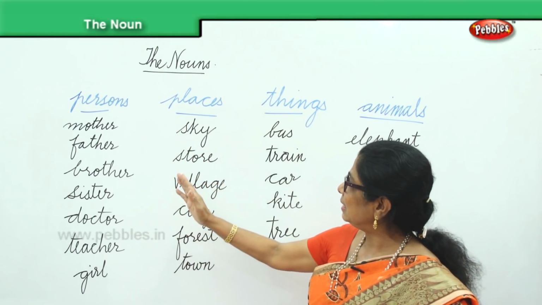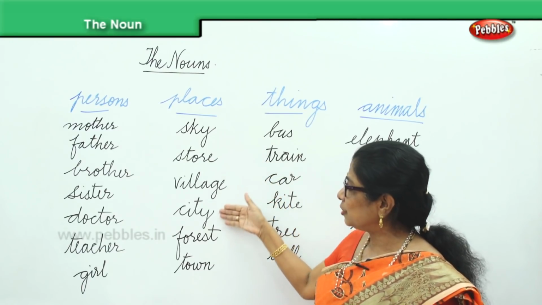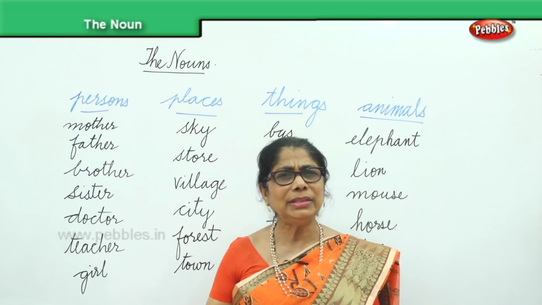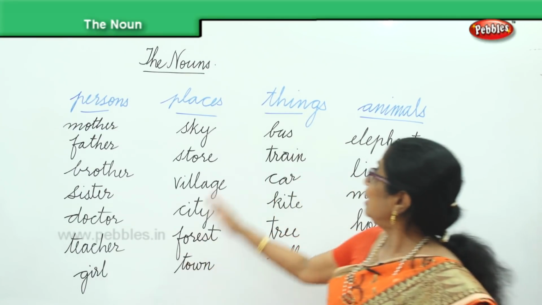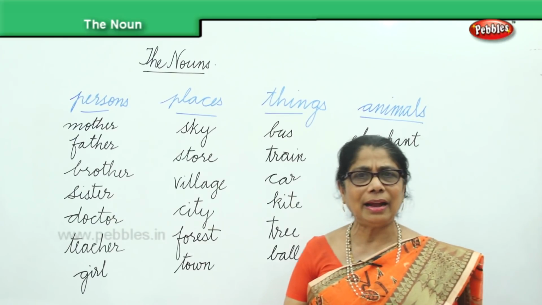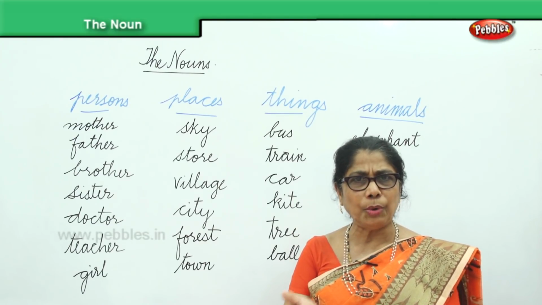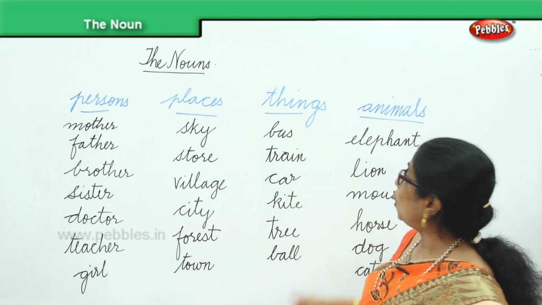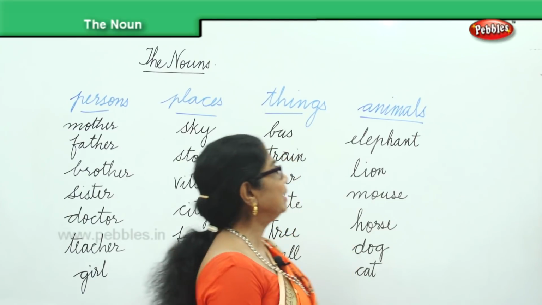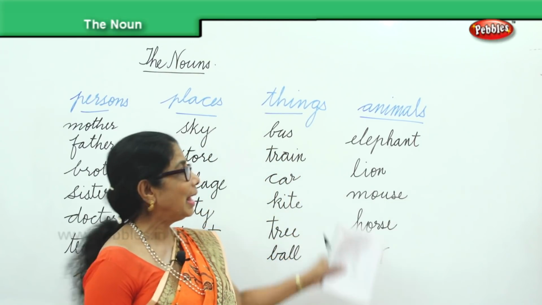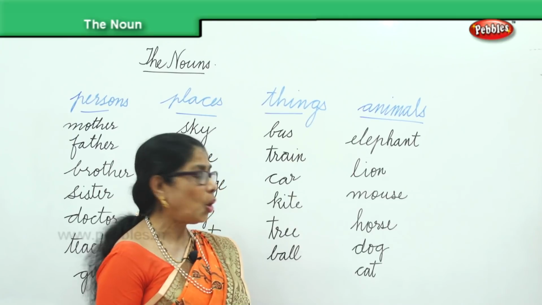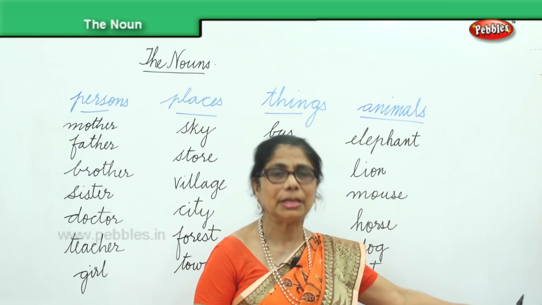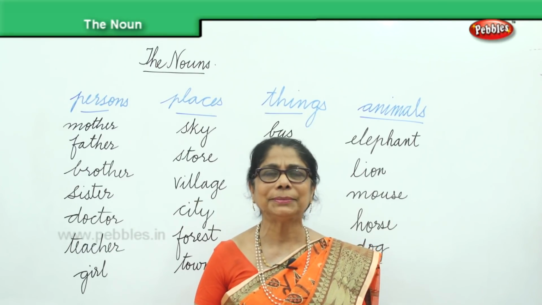When you say city, sky, store, village, country, forest, town, market, all these are places. Then you say things, anything in the house that you can name. Now here I have book, pen, pencil, bus, train, car, kite, tree, anything. They are all things. Animals, elephant, lion, mouse, horse, dog, anything. What about birds? Birds, another category. You'll write crow, pigeon, peacock.